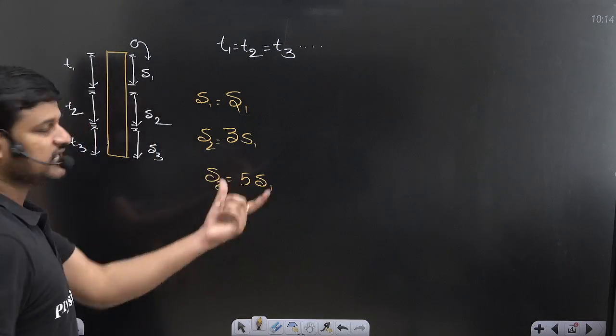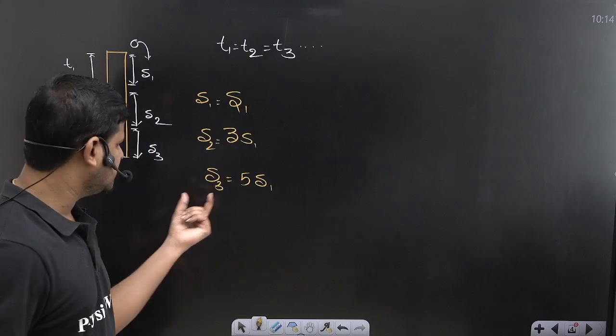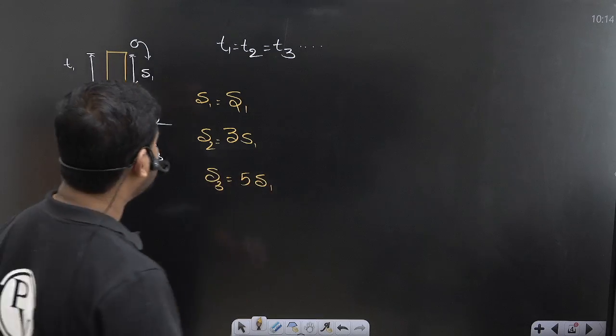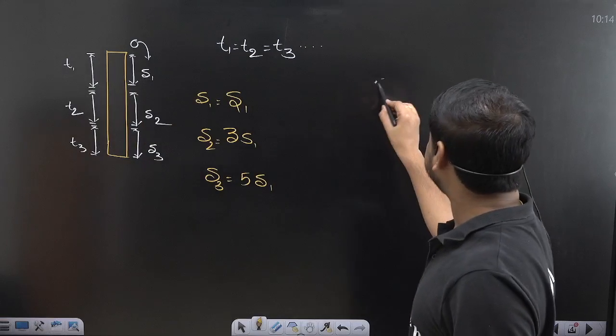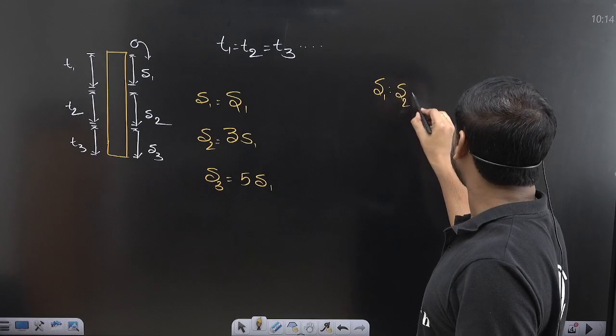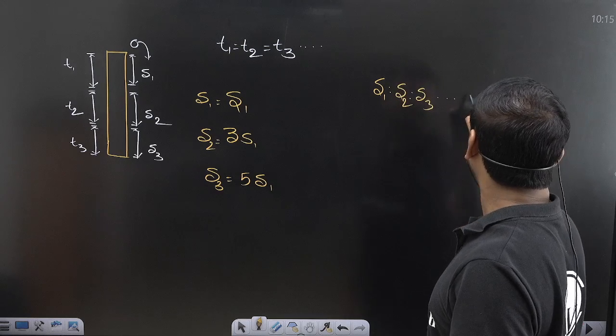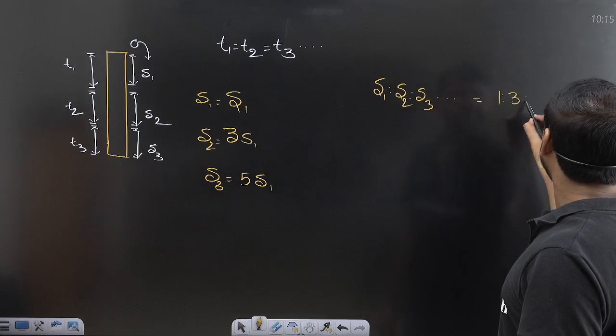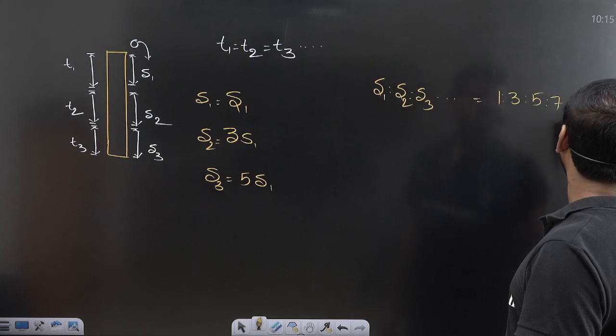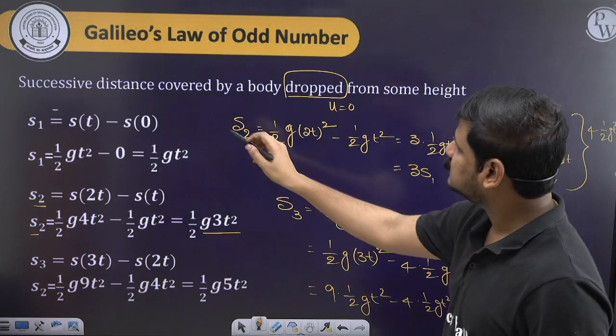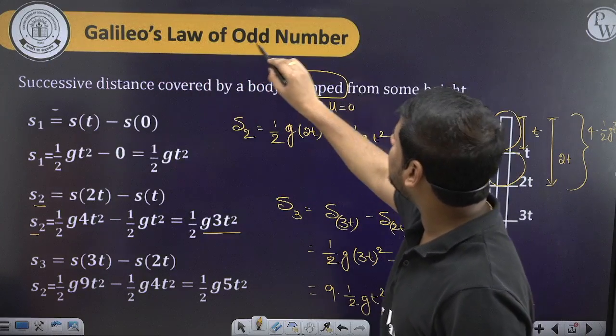The next one is going to be 7S1, the next one 9S1. Like that, the ratio of the distances covered will be in the odd numbers ratio, 1:3:5:7 and goes on. That's what we wrote here, Galileo's law of odd numbers.